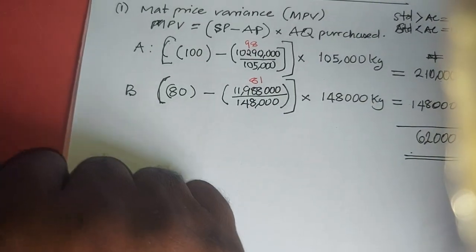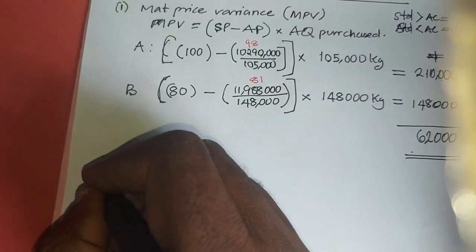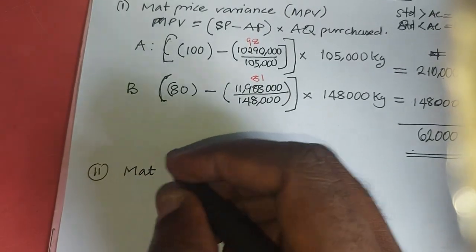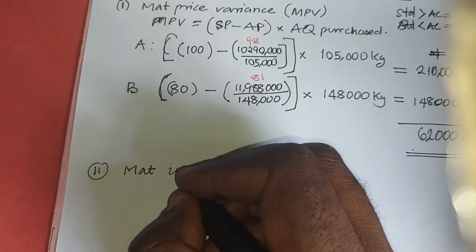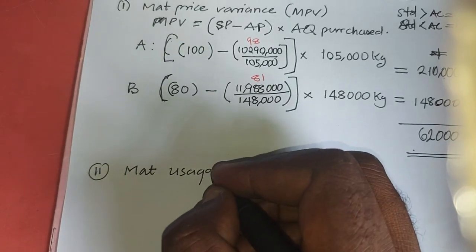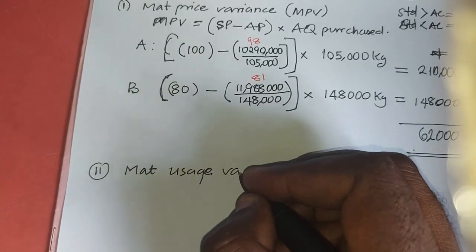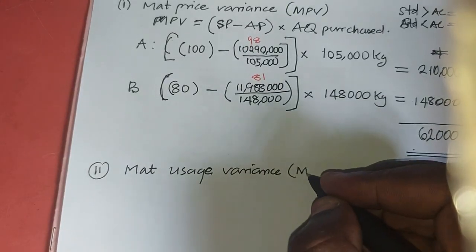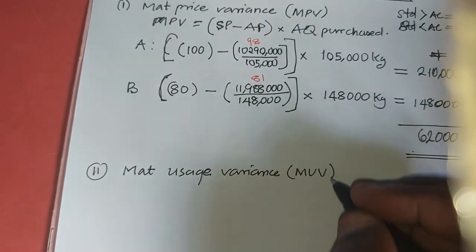Then the next, number 2, is material usage variance. That is material usage variance.